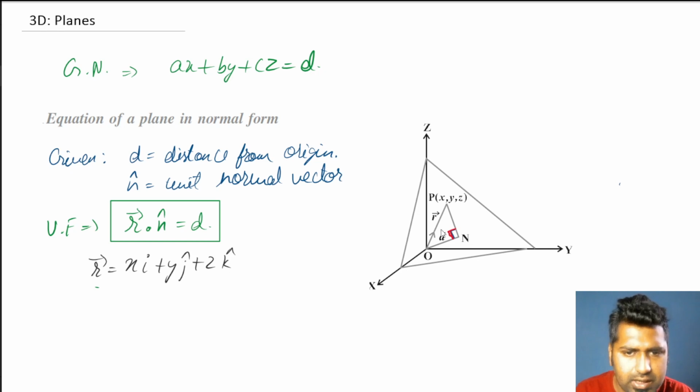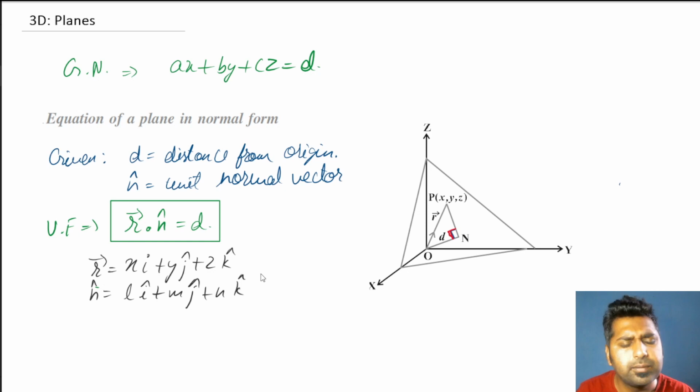Your n cap vector will be some l i cap + m j cap + n k cap. Why am I writing lmn? Why not abc? Why not n1, n2, n3? Because components of a unit vector are direction cosines, that's why I'm writing lmn.